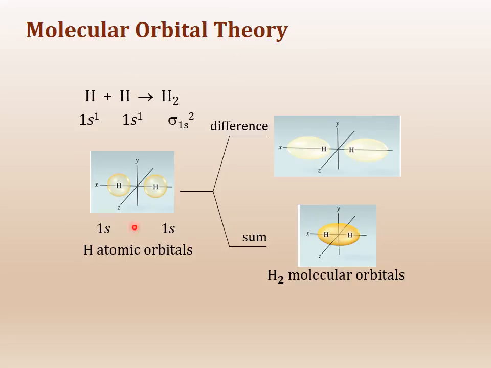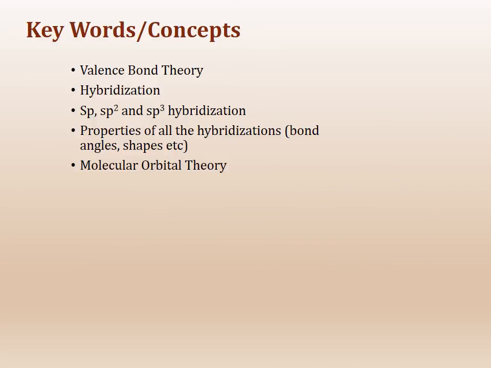We will talk a little bit more about this in organic 2, not so much in organic 1. You need this to understand some spectroscopy, but most times we can get away with valence bond theory in organic chemistry. Here are the things that you need from this chapter: the valence bond theory and hybridization.